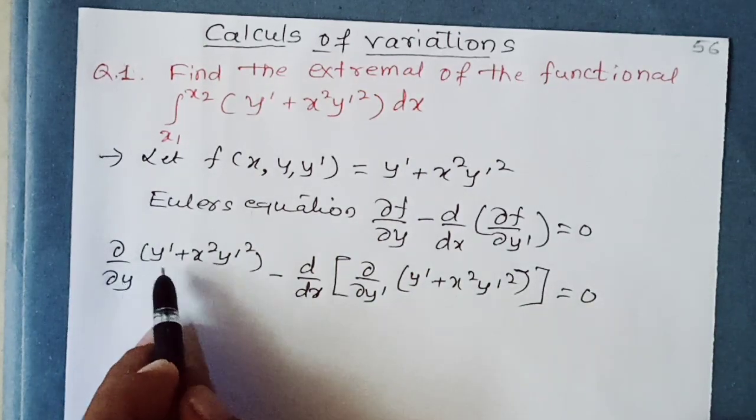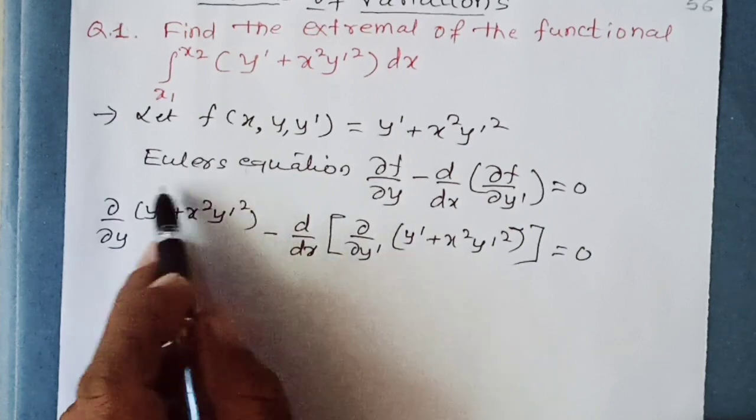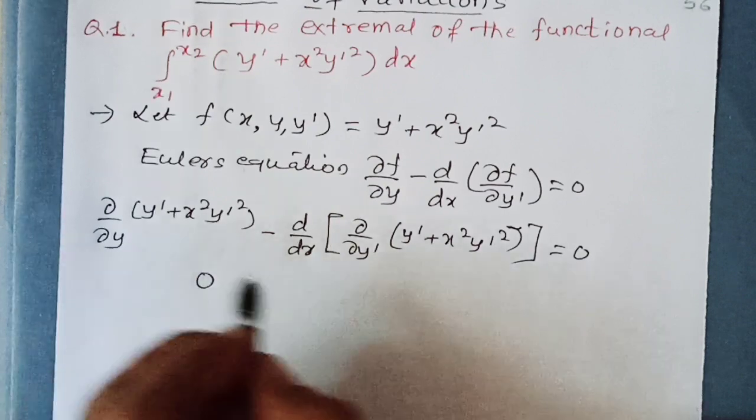Next, partial differentiation with respect to y: y is not there, that means this whole term is constant, so it is 0.